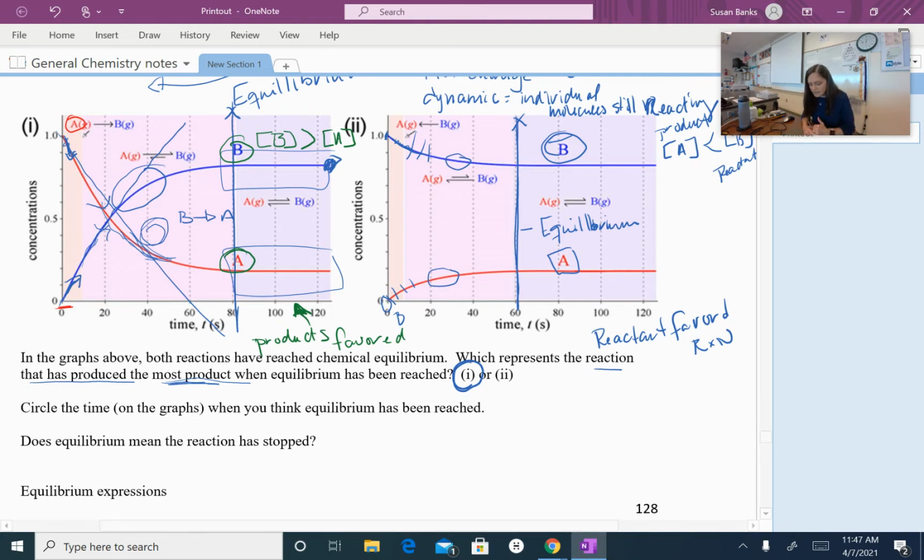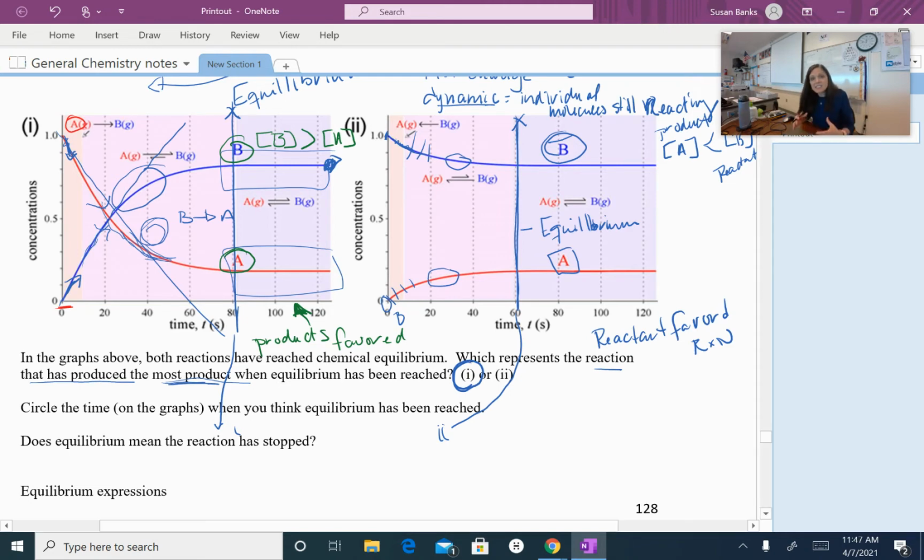Circle the time on the graphs when you think equilibrium was reached. We didn't circle it, we put in a line. So here's our equilibrium for graph I, and here's the time for graph II that equilibrium was reached, okay? Does equilibrium mean that that reaction has stopped? We talked about being dynamic. Individual molecules are still going back and forth, and they are still reacting, but the net change is zero.